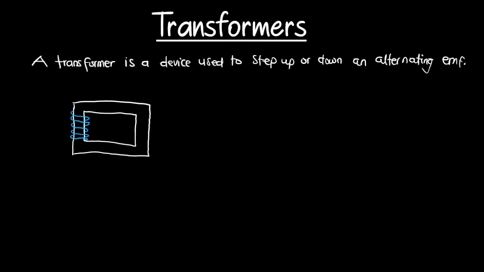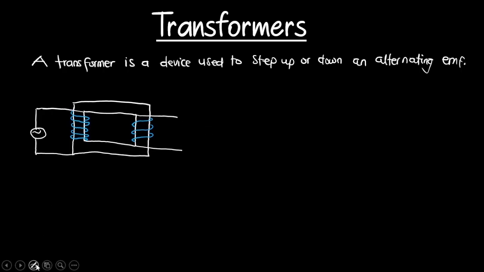Then over here too, we have another set of coils. And then we have over here the source of our alternating current, connected over here. Then we label this part. So basically, it's just the iron core, these two coils, and then a source of alternating current attached over here.